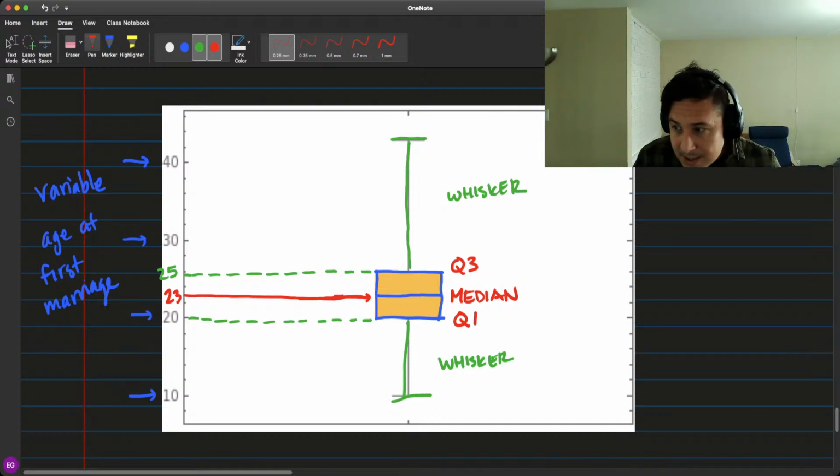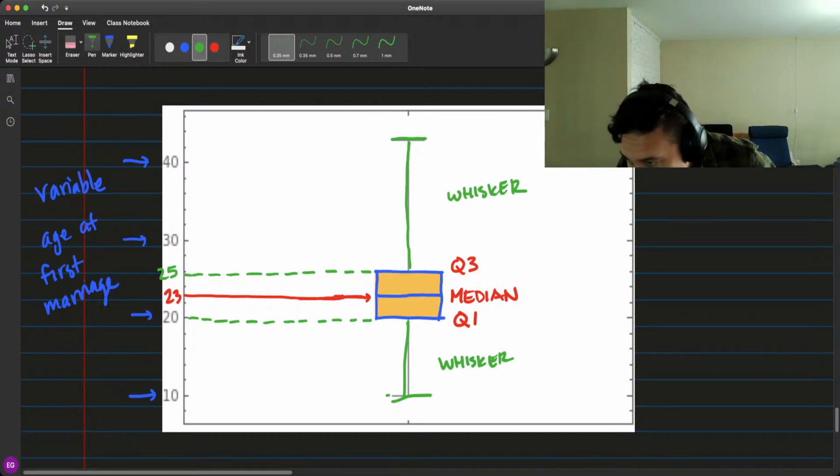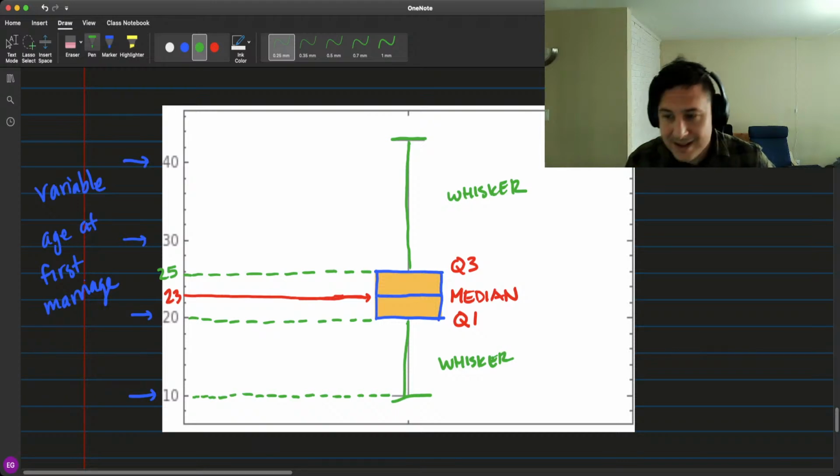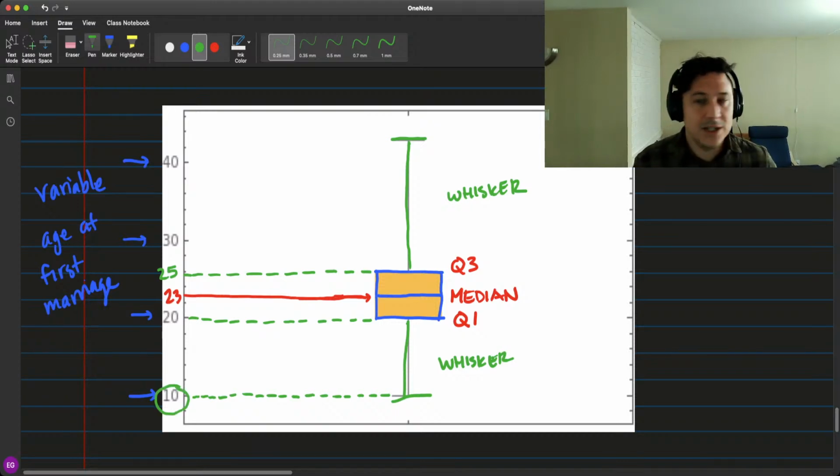Now let's look at the whisker. What value does the lower whisker seem to be at? That was the youngest age. So this starts at the minimum, which is the smallest value.